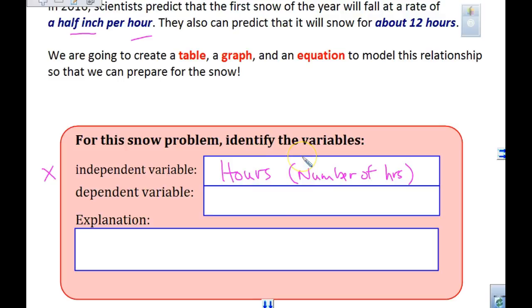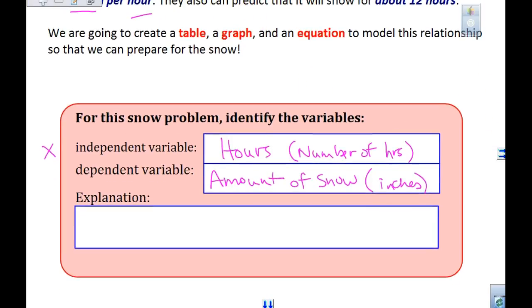So in this case, our dependent variable is going to be the amount of snow. How are we measuring the amount of snow? In inches. How do we know that? Because they tell us it's falling at a 1/2 inch per hour, so it would kind of make sense. So if we are looking at this, what's our explanation for picking our x and our y, independent and dependent?